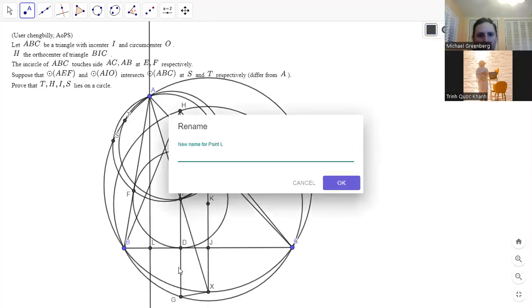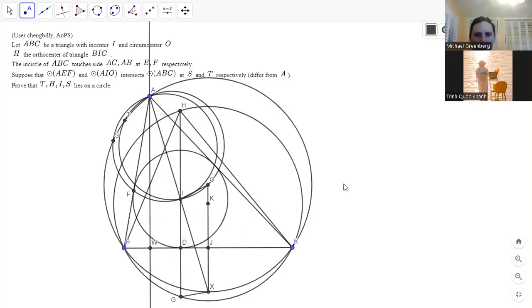Then angle GIX equals WAI, which is IAO. Oh, that makes sense. So that gives you one of the angles, and then angle, yeah, okay. So that's one of the angles.